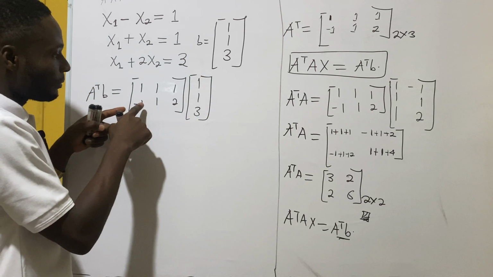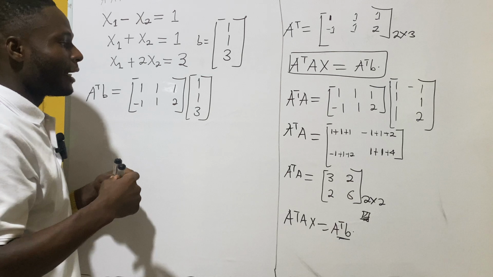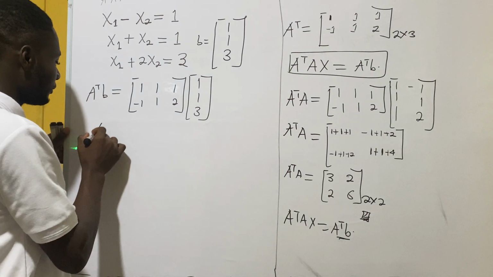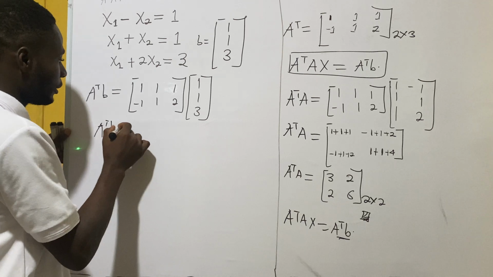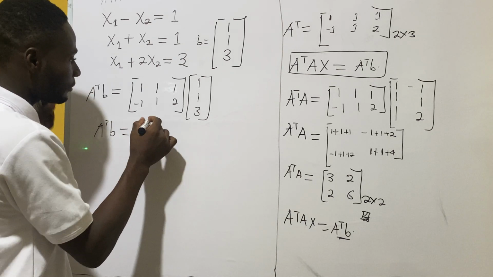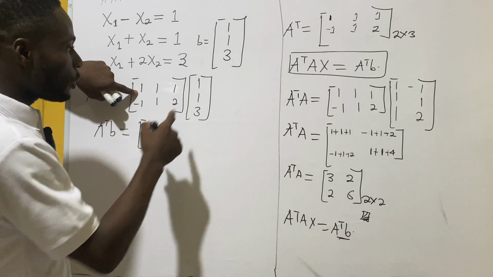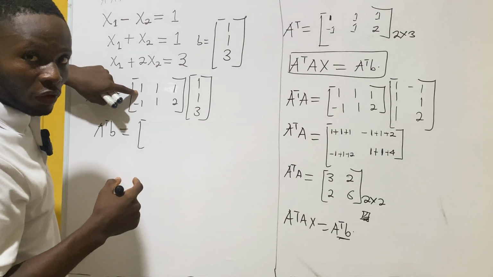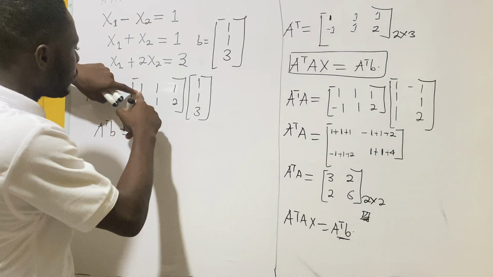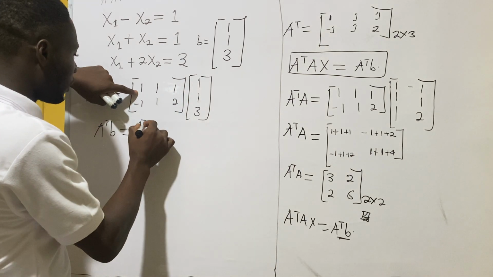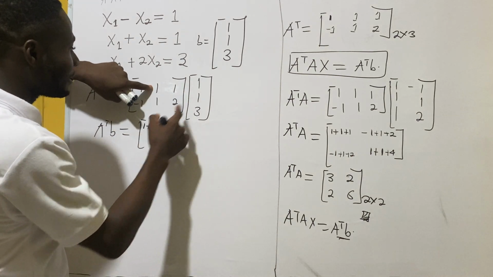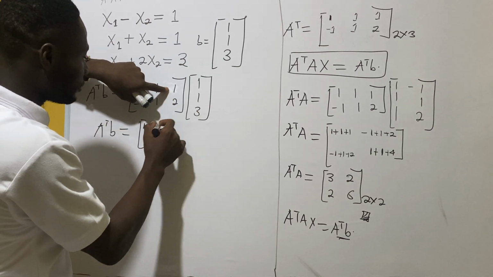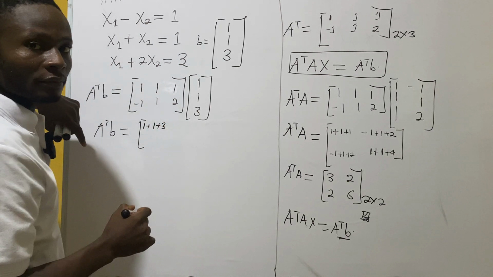So now we are going to multiply a 2 by 3 matrix times a column matrix. The first row maps to all the elements in the column matrix, right? So this times this, we have 1, plus this times this, we have 1, plus this times this, we have 3, right?